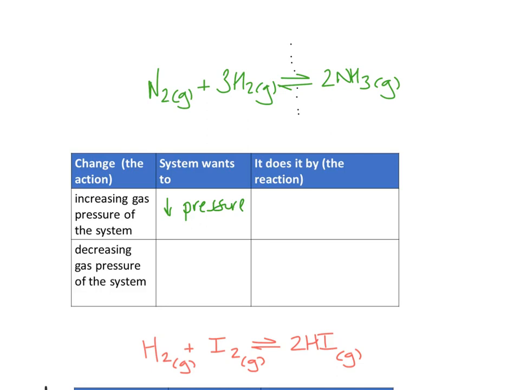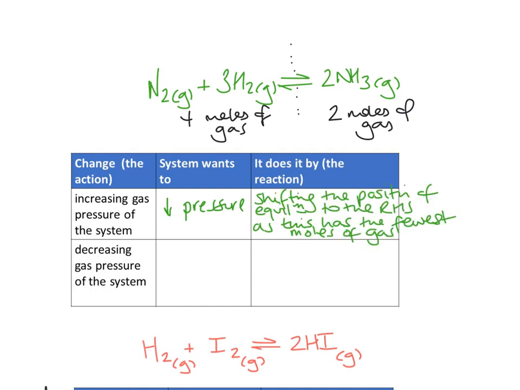In this case we have 2 moles of gas on this side, and on this side we have 4 moles of gas. So it shifts the position of equilibrium to the right hand side, because this has the fewest moles of gas, 2 to 4, therefore decreasing the amount of pressure.